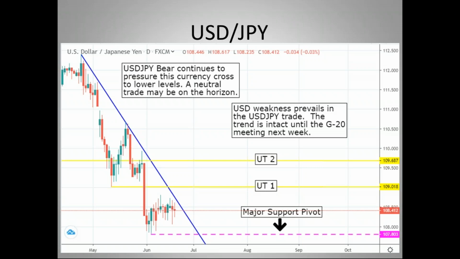If the bears were actually able to get a slide down to that area and pierce that and fall, and especially close below that 107.803 area, I think then obviously the bear trend is in motion once again, and then you'll probably see a leg down again, taking the U.S. dollar yen probably down towards that 106 to 105 and a half area.